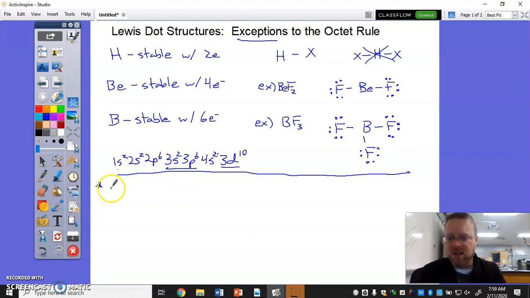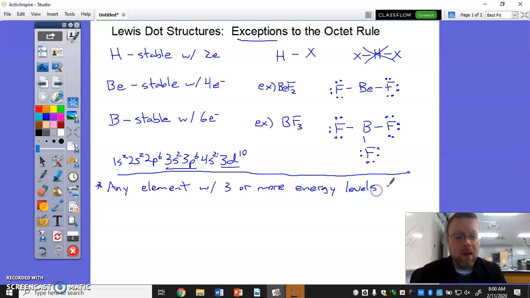All right, so let's make a statement here: any element with 3 or more energy levels can exceed the octet rule.